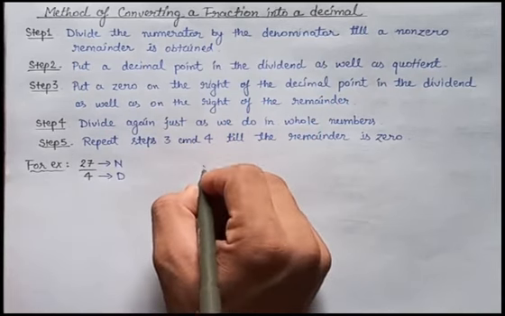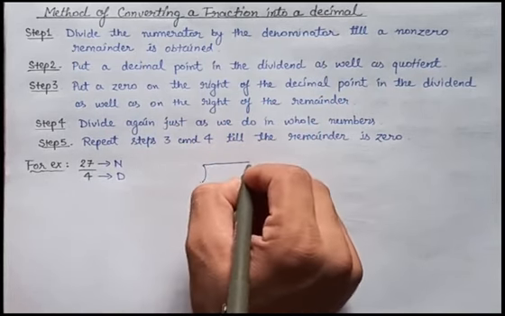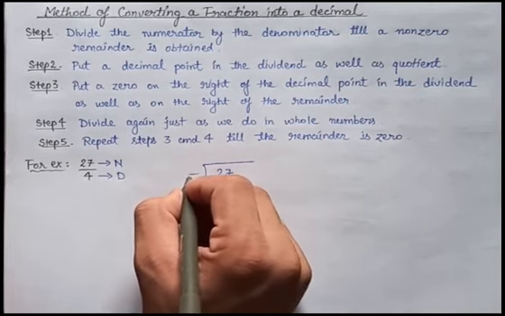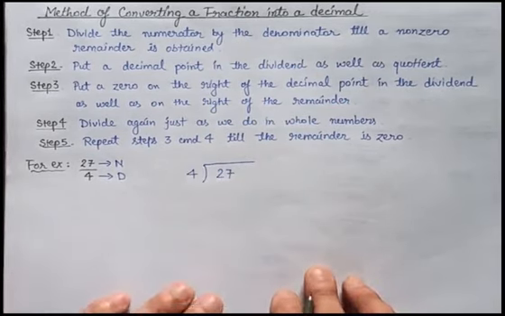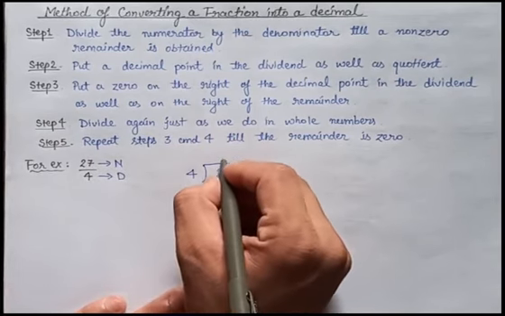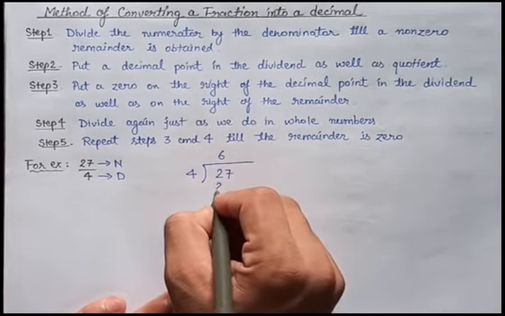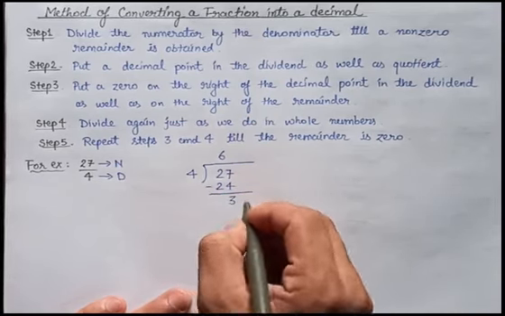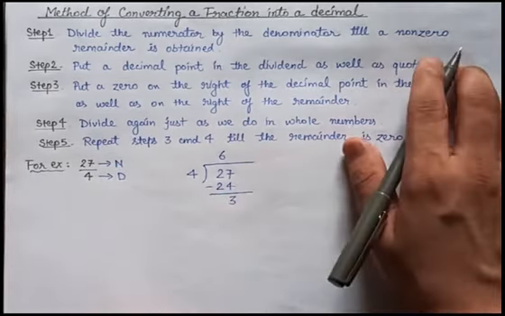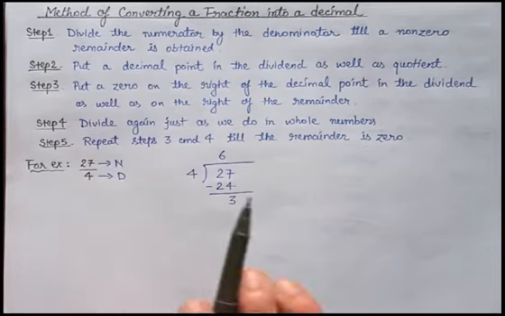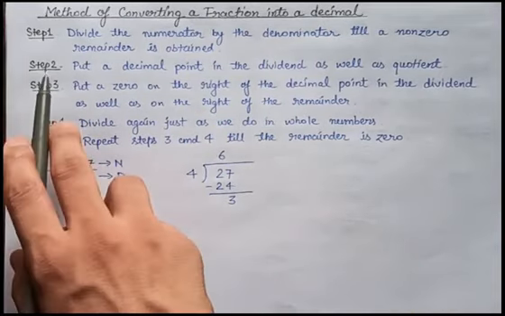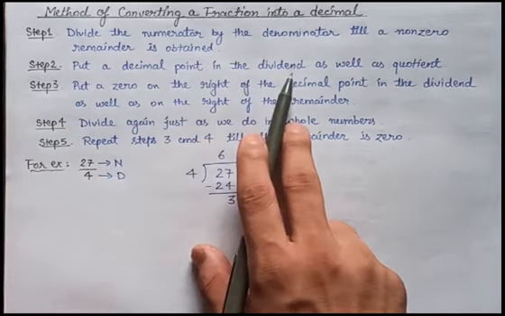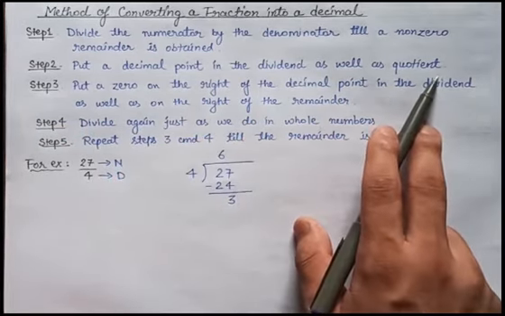So here we write this is our numerator 27 and this is our denominator. When we divide, 4 times 6 is 24. So we get the remainder of 3. So we have a non-zero remainder. Okay, so our first step is completed. Now we move to step 2. In step 2, put a decimal point in the dividend as well as the quotient.